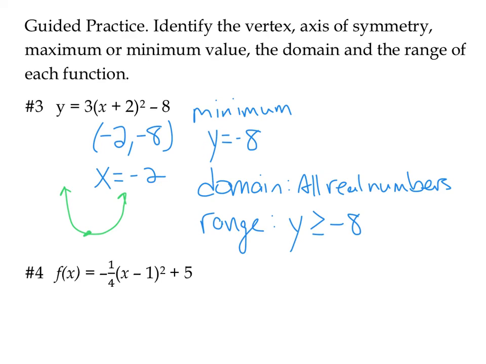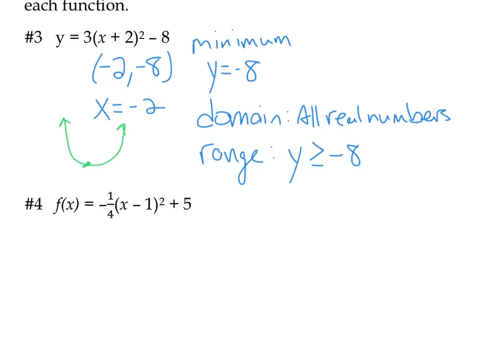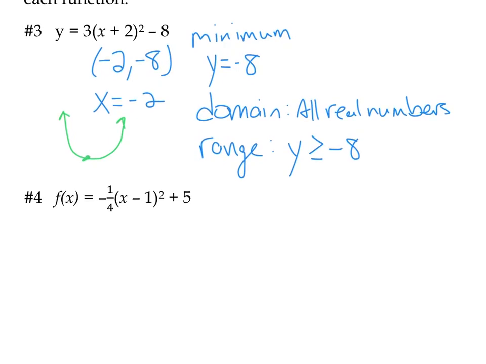Let's look at this next equation and talk about those same pieces of information for it. If we look at this here, we've got a vertex of 1, 5, from that h and k value. We've got an axis of symmetry of x equals 1. In this case, we're going to get a graph that opens down.